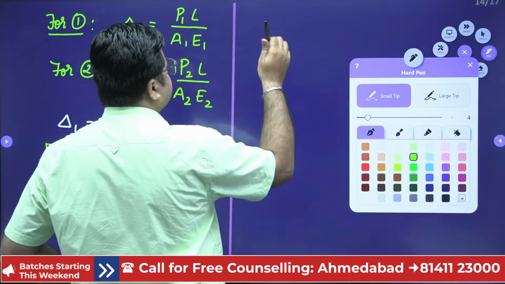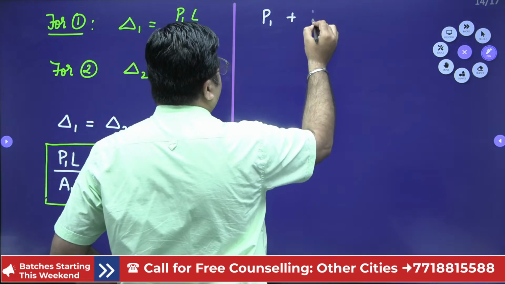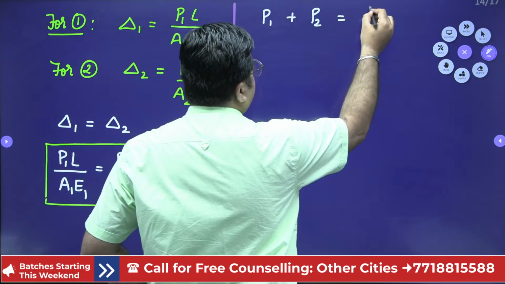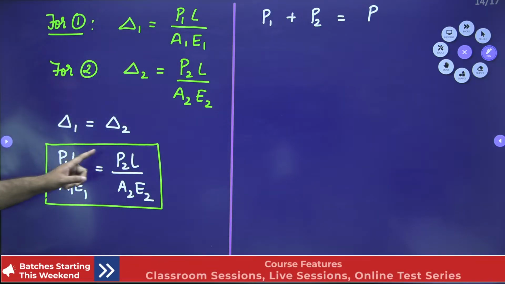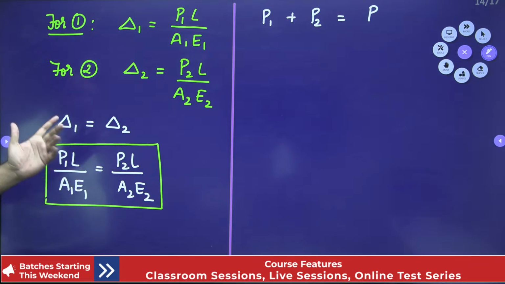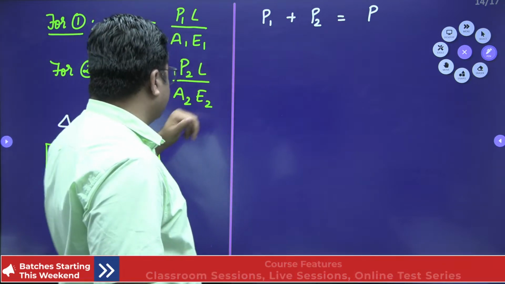Next equation is, we know that P1 plus P2 is equals to P, right? So either substitute P1 in terms of P2 or P2 in terms of P1. That is totally up to you. I am substituting P2 in terms of P1.